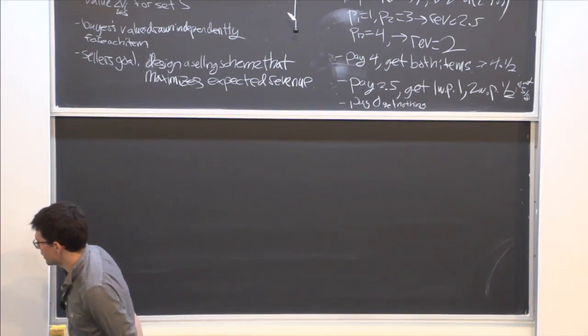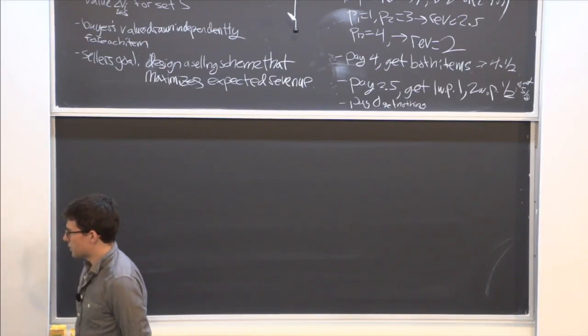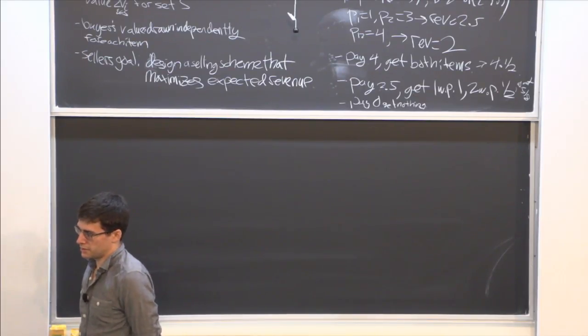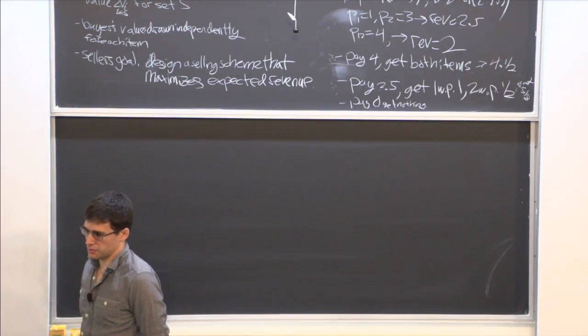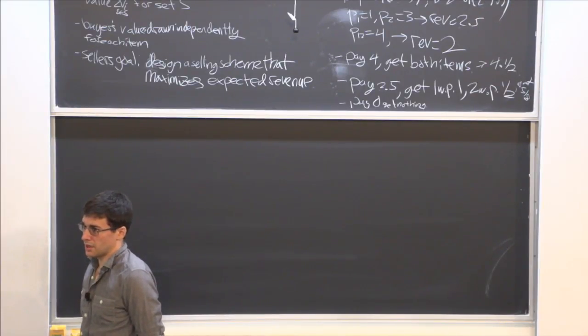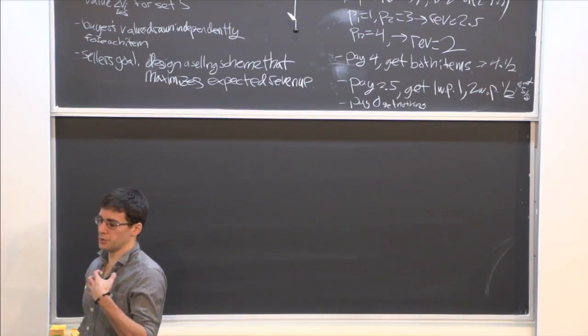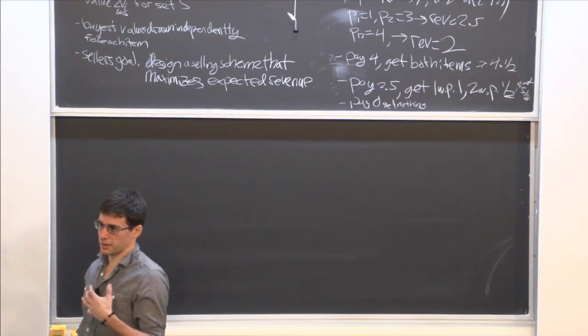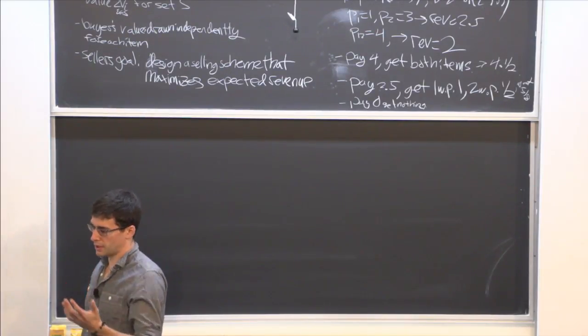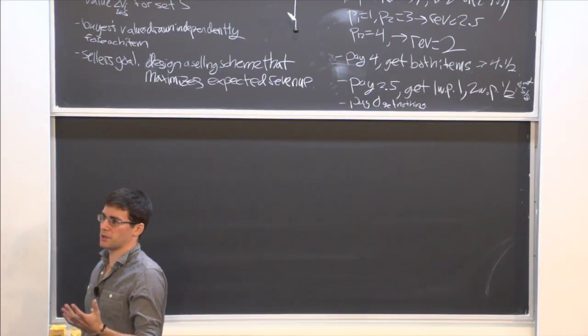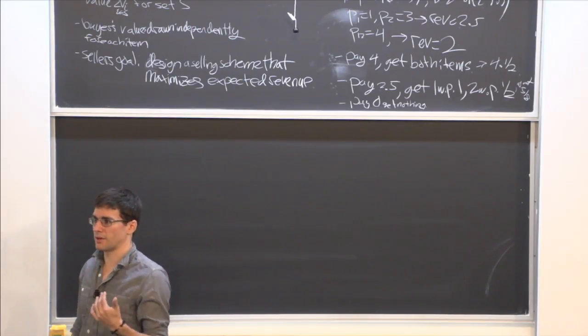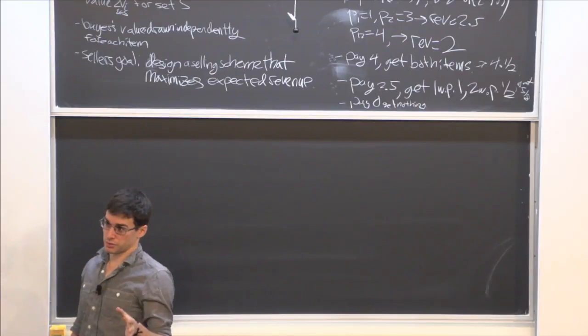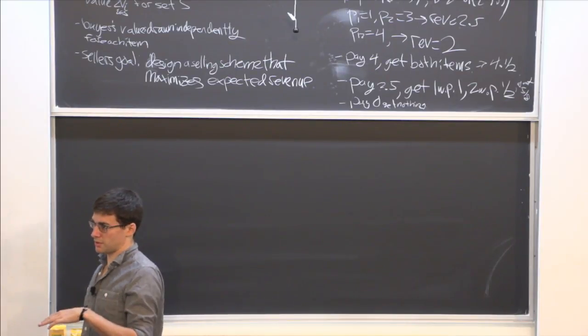Okay, so there are two things going on. One is the randomization in the distribution that the seller faces. If the seller knew the values of whoever was walking in the door, like if I knew that you were willing to pay $3, I would say pay me $3, and I would use a different price for everyone who walked in. So that's one source of randomness that makes the problem challenging for the seller.